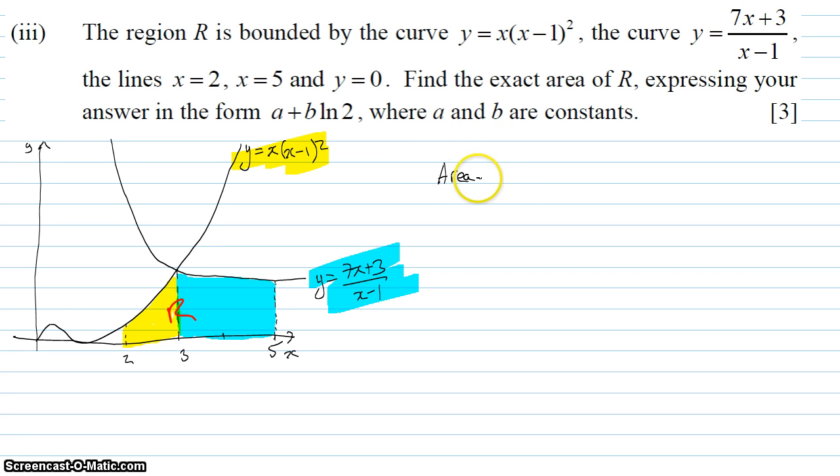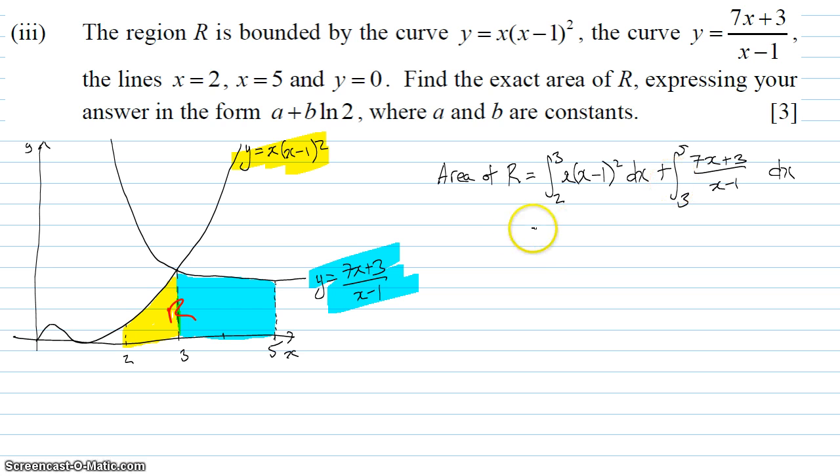That means that the area of R is equal to the integral of this expression, (x minus 1) squared dx, between 2 and 3, plus this area in here, which is the integral of (7x plus 3) over (x minus 1) dx, between 3 and 5. And from my previous parts, I actually know how to integrate both of these expressions.